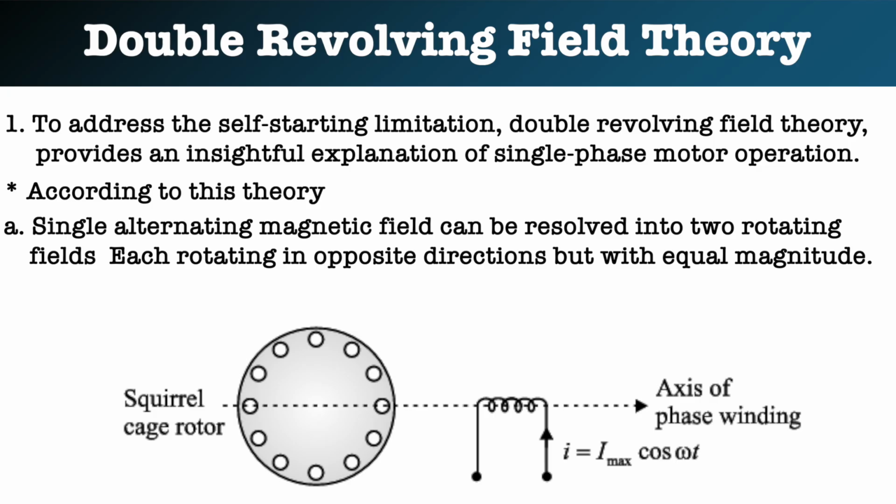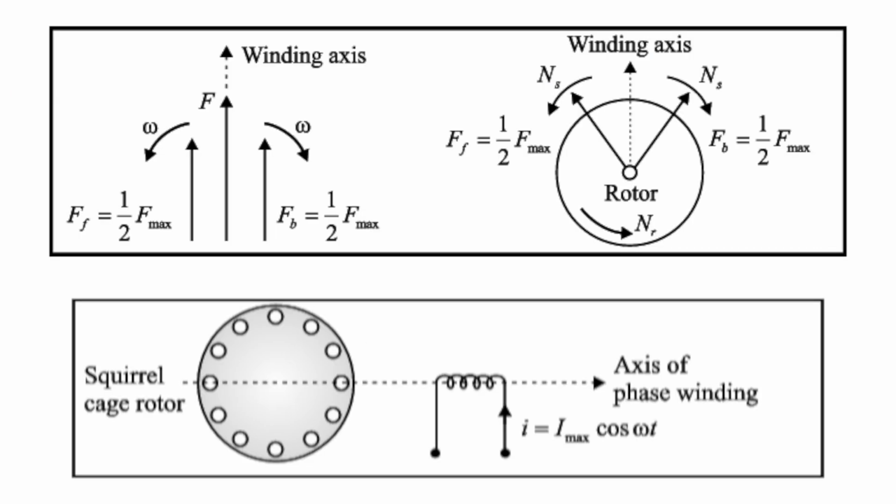As you can see, FF and FB are the two rotating fields in the forward and the backward directions, respectively, rotating with equal speed. These two fields interact with the rotor conductors, inducing currents that create additional magnetic fields.